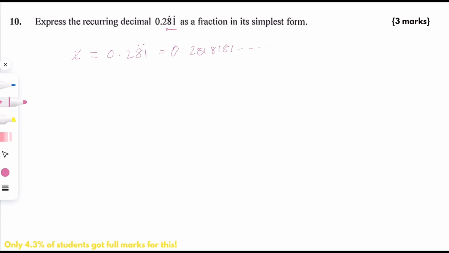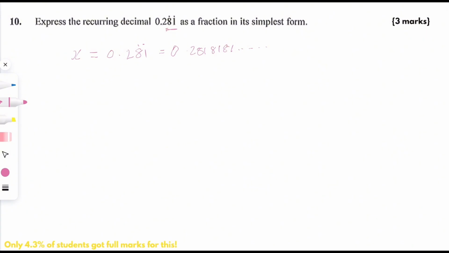Okay, so what we're going to do is multiply both sides by a number that would make the recurring portion of the decimal come after the decimal point.